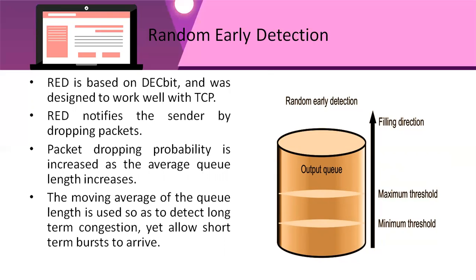It notifies the sender by dropping packets. If congestion is likely to occur in the network, the RED technique automatically drops packets to avoid the congestion.